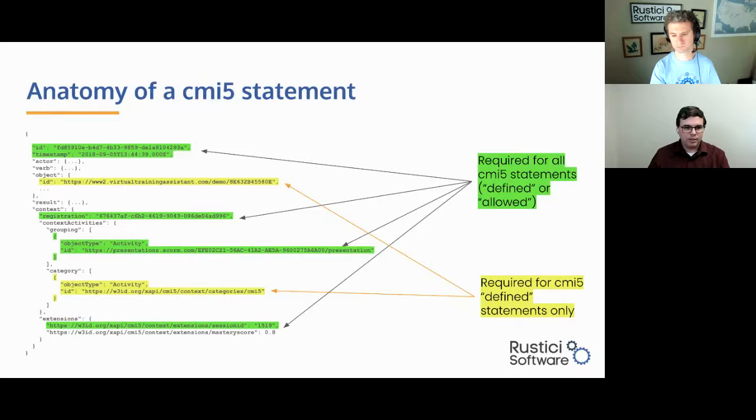The registration. So registration is a super important word. Think about when you enroll a student in a course. In most of our products here, we call that a registration. In CMI5, that student matched into a course is their registration forevermore. They will always carry that same registration along. But if you look down towards the bottom of the slide where it's in the extensions, there's a session ID there with a number.